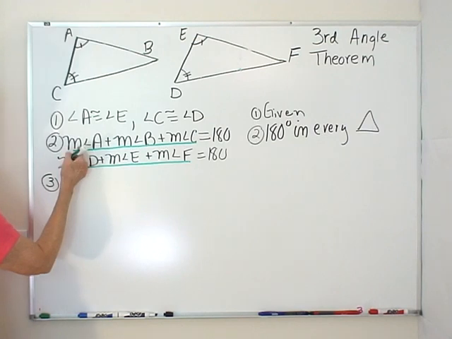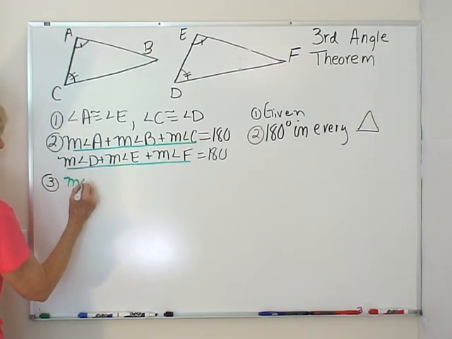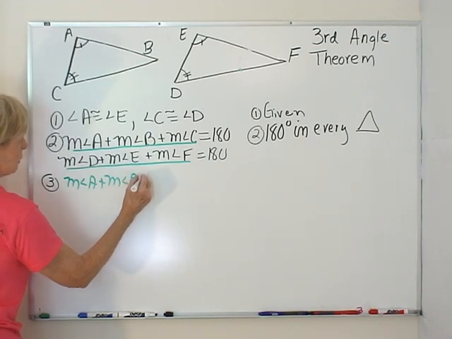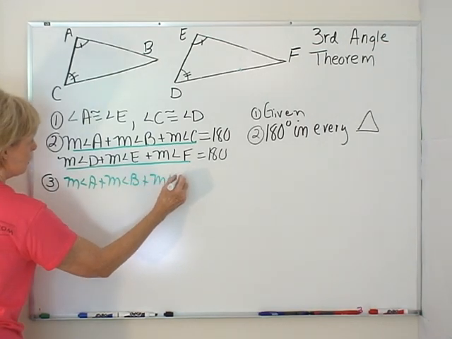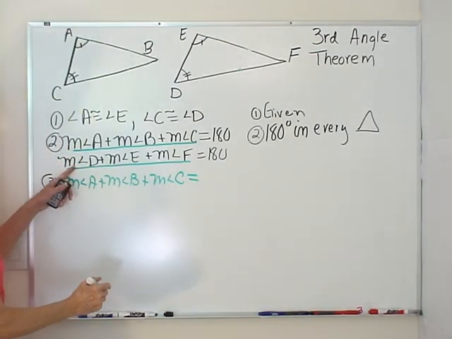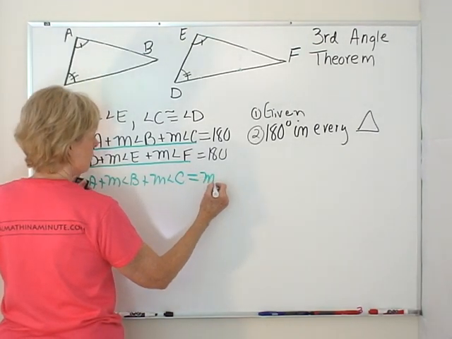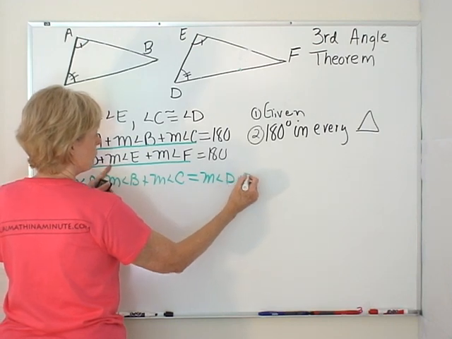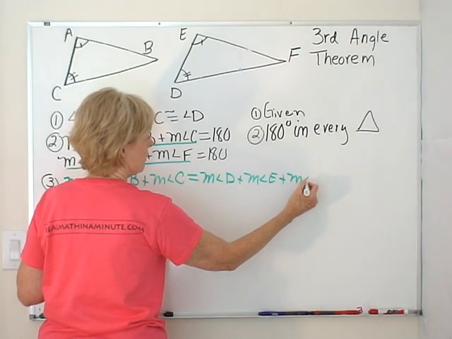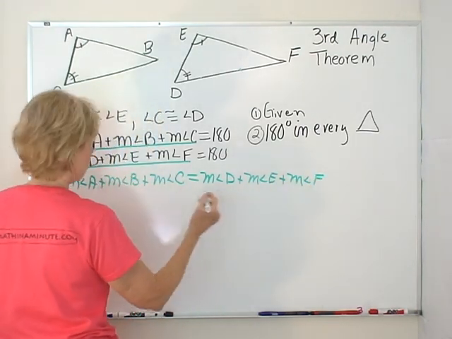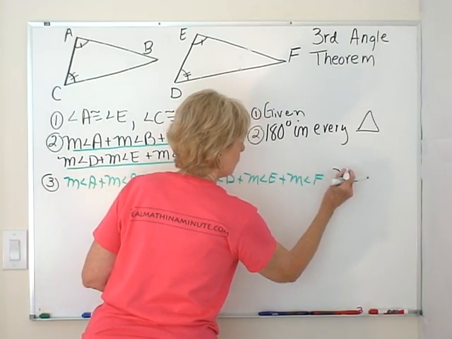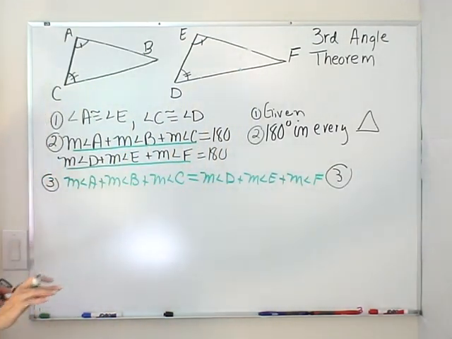So let's do that. Let's say that the measure of angle A plus the measure of angle B plus the measure of angle C, and I'm just going to stretch it out here so you can see it good, is equal to the measure of angle D plus the measure of angle E plus the measure of angle F. And that's our third step. So let's put our third step over here and put, again, how did we know that to be true?